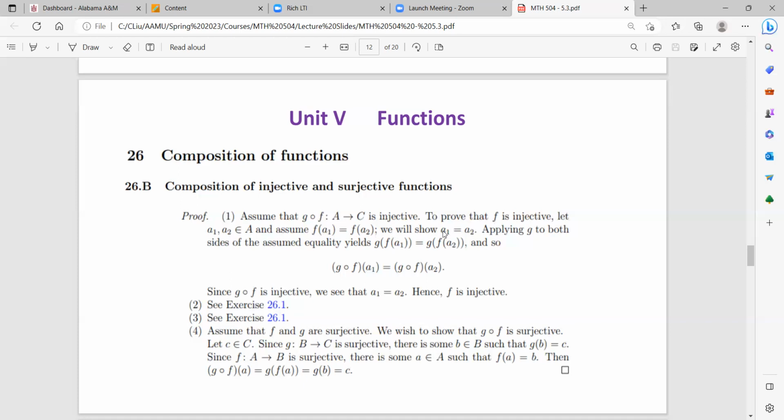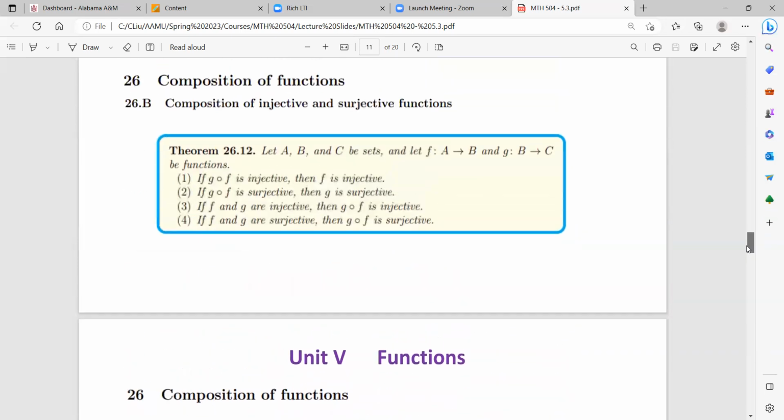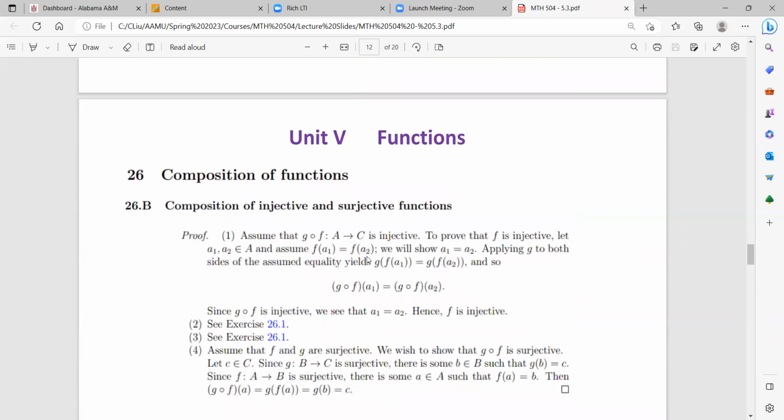Okay. But that's pretty straightforward, because if you assume f(a1) equals f(a2), where f(a1) and f(a2) are in B, then if you apply g, and g is from B to C, g(f(a1)) is equal to g(f(a2)), because f(a1) and f(a2) are arguments for the function g, and they're the same.